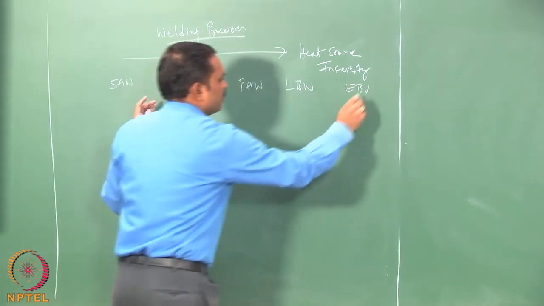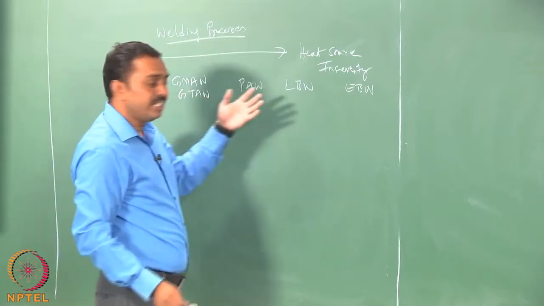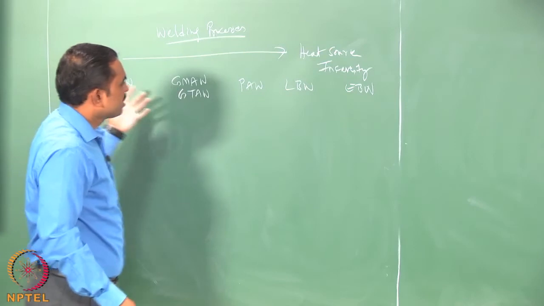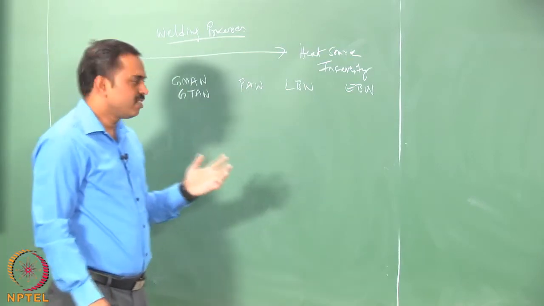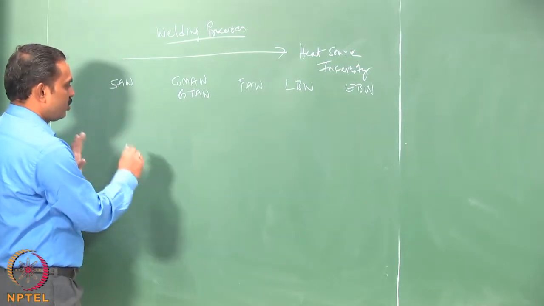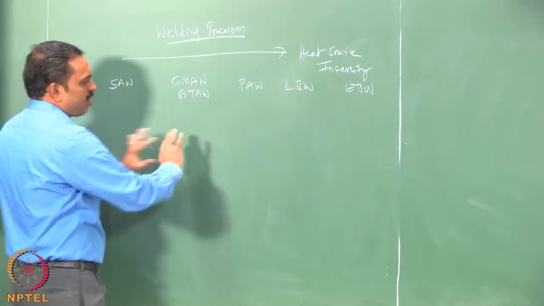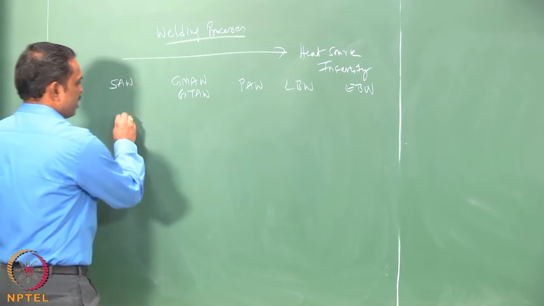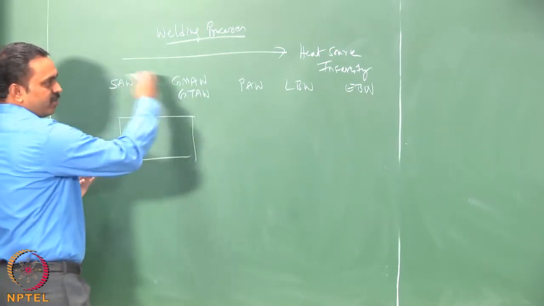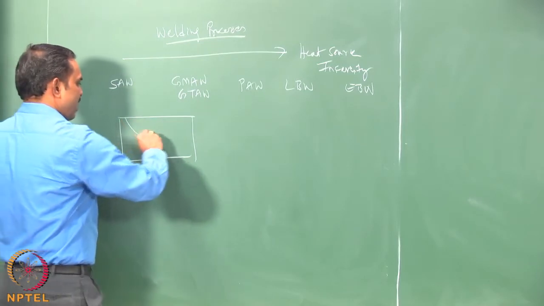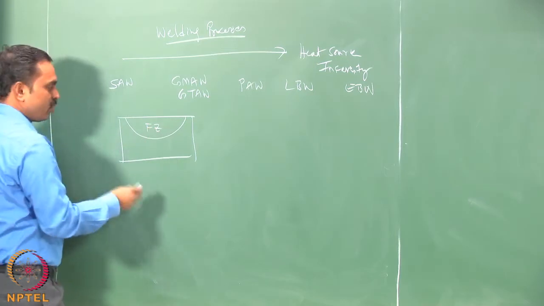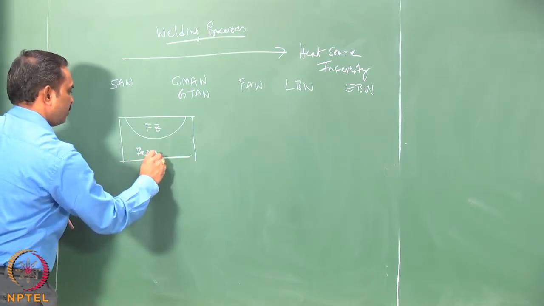So, this is how the intensity of the heat source distribution is going to increase, and you would see that the weld pool shapes also change in the same manner, schematically shown as follows. Broadly in two categories it is going to look like this. On this end of the spectrum for the heat source intensity, you would usually have a weld pool shape like this, the fusion zone, and this is the base material.